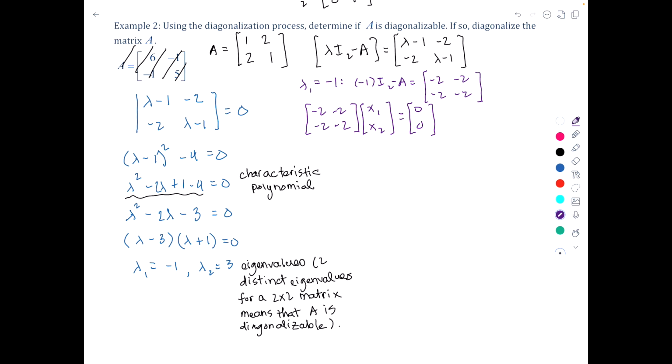And we'll end up with, when we row reduce the first matrix, if you notice, if I add negative row 1 plus row 2 will zero out.